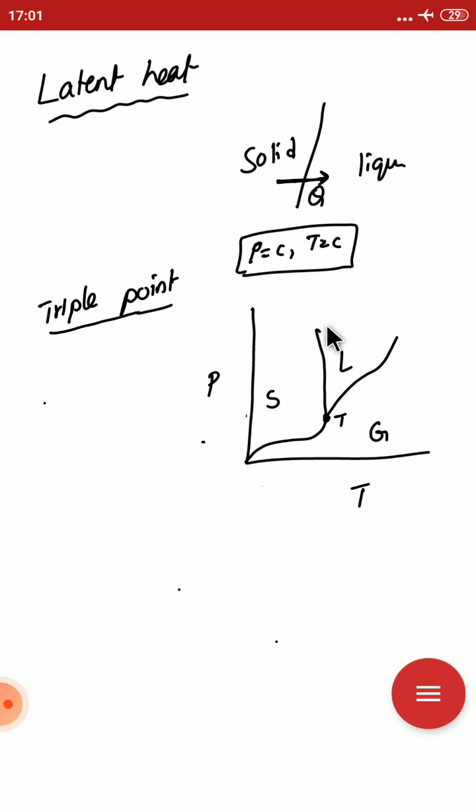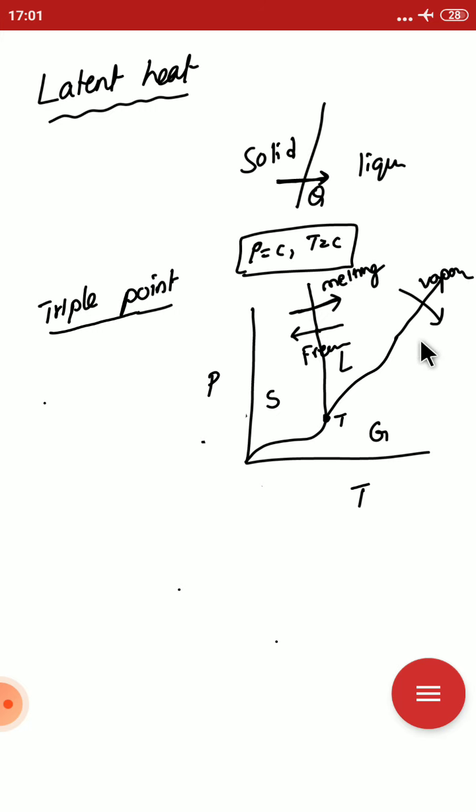Now some terminology. If a substance changes from the solid phase to the liquid phase, we call it melting. If it changes from liquid to solid, we call it freezing. If it changes from the liquid phase to the gaseous state, it is vaporization.